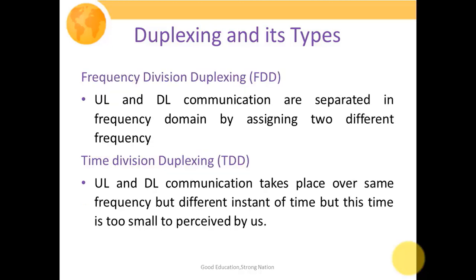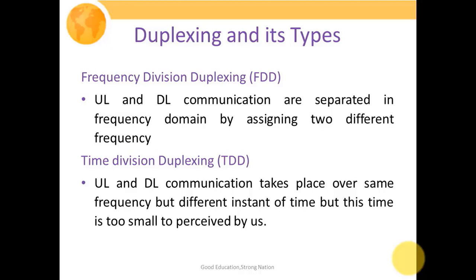This duplexing is performed with the help of two mechanisms, frequency division duplexing and time division duplexing. In frequency division duplexing, uplink and downlink communications are separated in the frequency domain by assigning two different frequencies. So we provide two different frequency bands, one for uplink transmission and the second for downlink transmission. The second technique is time division duplexing.